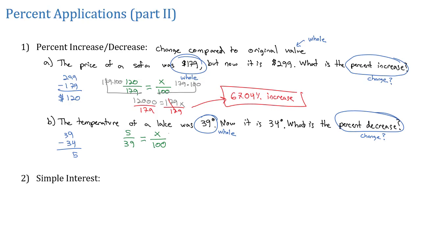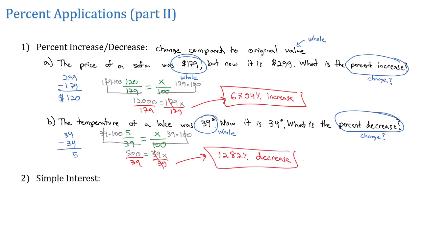And then I can solve this proportion like always, 39 times 100, multiplying by the denominators so that I can reduce those numerators out, giving me 500 equals 39x. And finally, dividing both sides by 39 to get my x, my percent decrease this time, of 12.82% decrease in the temperature of the lake.